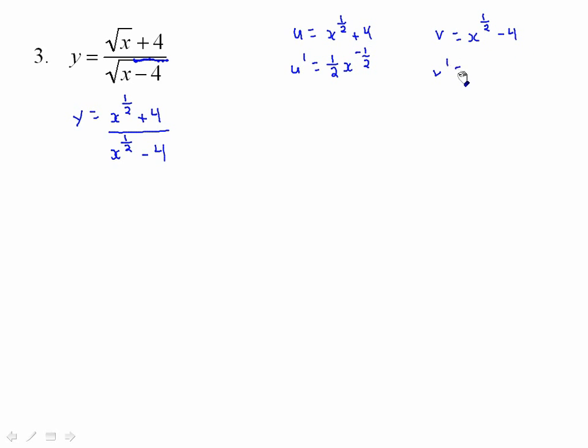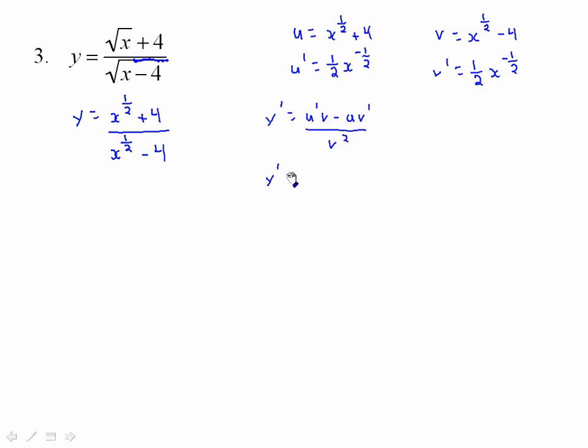So v prime is equal to 1/2 x to the negative 1/2. And then we just go further with this. y prime is equal to u prime v minus u v prime all over top of v squared.